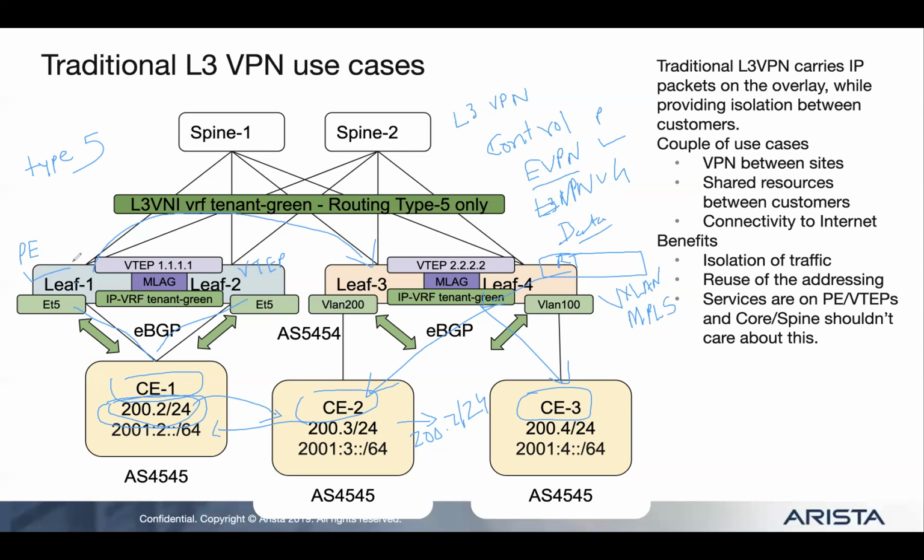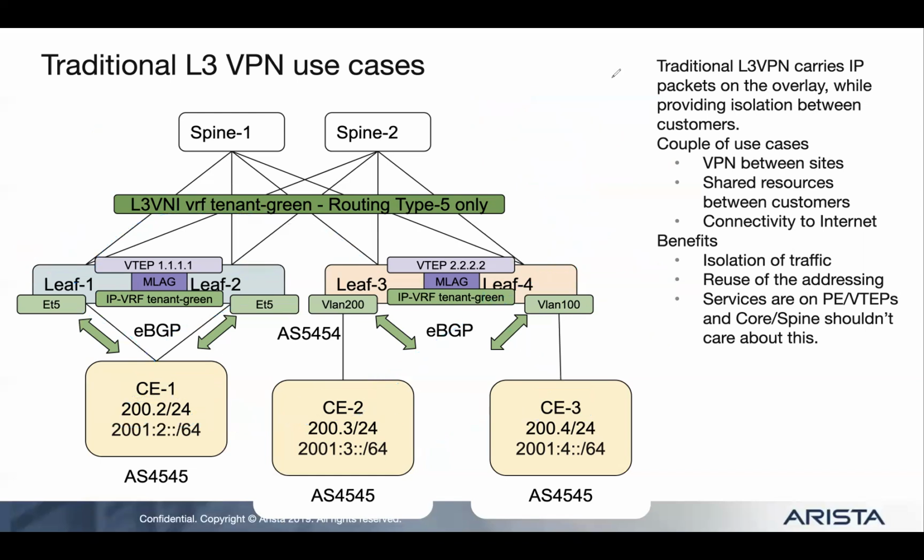If we are implementing this in a data center, then we will use VXLAN as the data plane. And if we are using this same EVPN in a service provider, then they will use MPLS as the underlay data plane. So the data plane is VXLAN or MPLS.